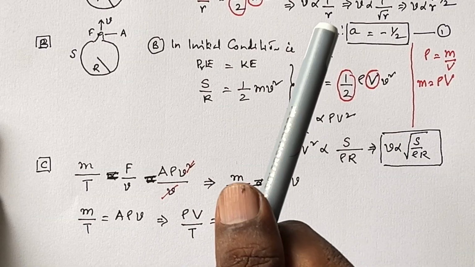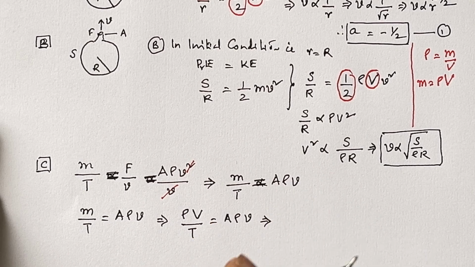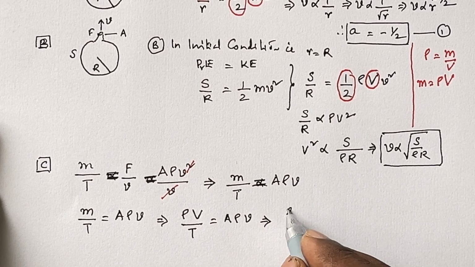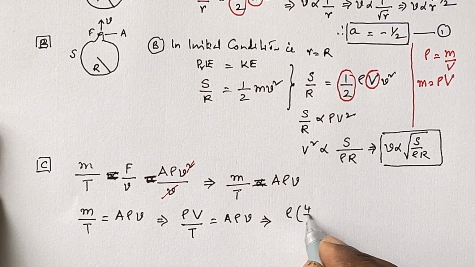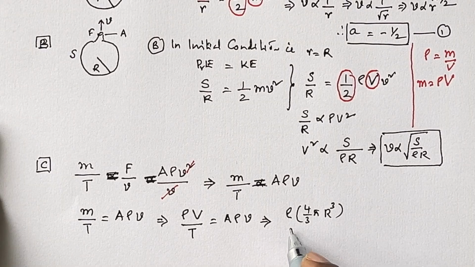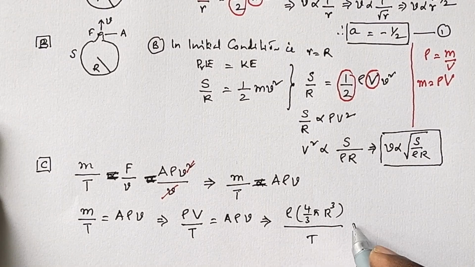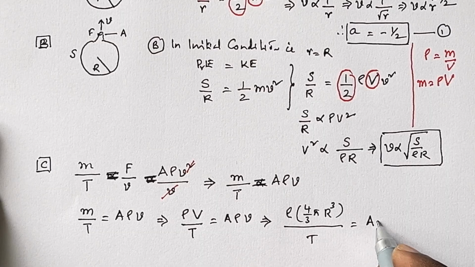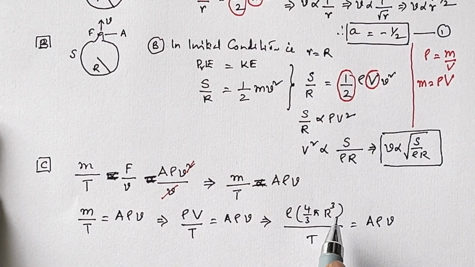In the problem they have given the shape of the balloon as spherical, so rho 4 by 3 pi r cube by T is equal to A rho V. These things I am not worried about, because these physical quantities are given in the problem: r cube, rho, and T are given.